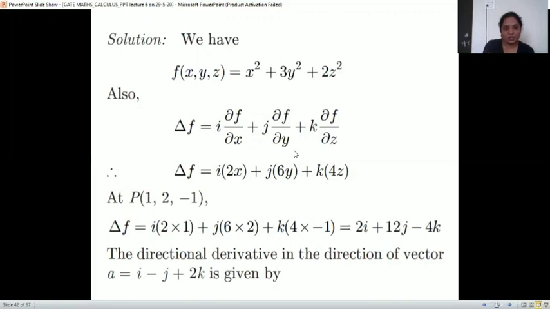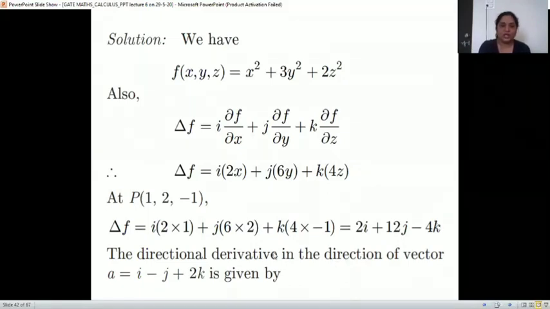Then y is only here, so it is 6y j bar. And z is here only, so 4z k bar. So at the point 1, 2, minus 1, it is 2 i bar plus 12 j bar minus 4 k bar.